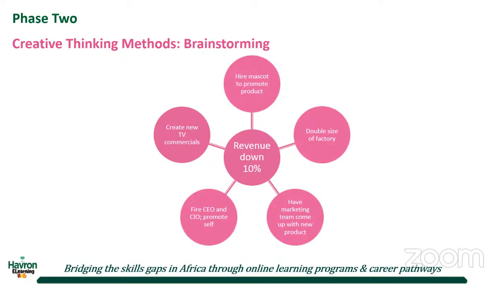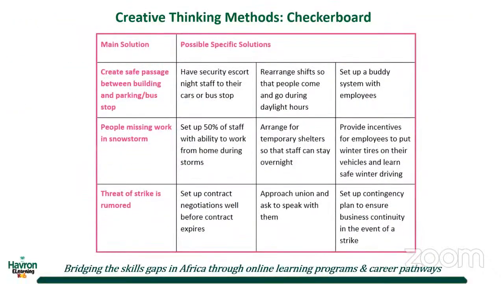Now, here are some tools you can actually use to come up with ideas. First, this is under creative thinking method. Please, next slide, creative thinking method. The first one there is brainstorming pattern.